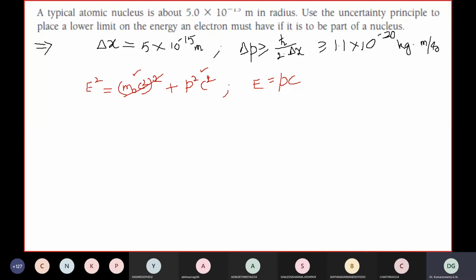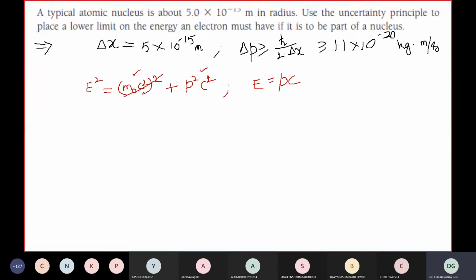When you say E equal to mc square, we consider it for stationary particles. It says that even stationary bodies have energy, that is the rest mass energy.